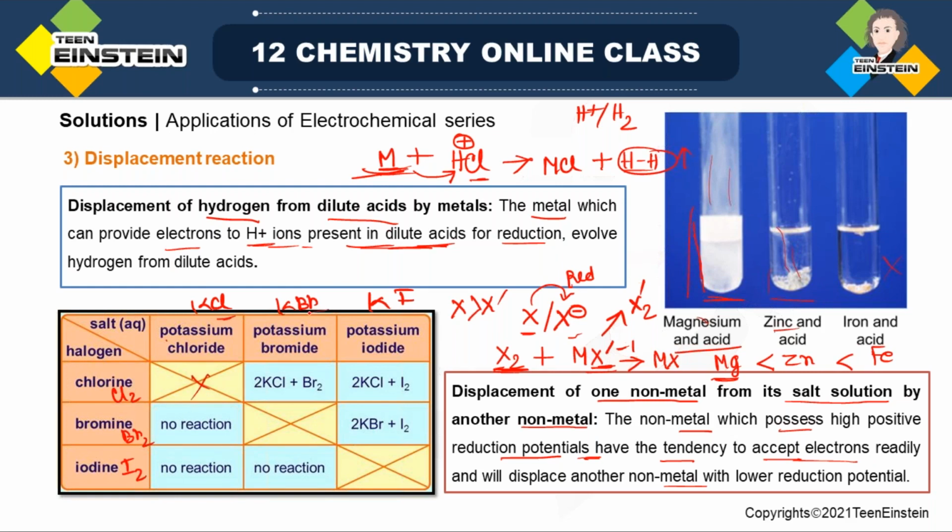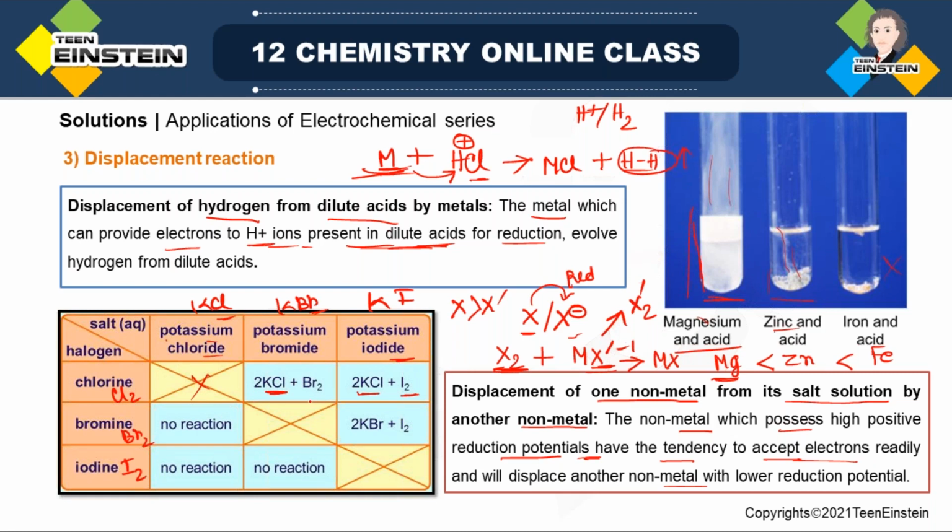When chlorine is added to KBr, what are we getting? KCl plus Br2. And when it is added to potassium iodide, what are we getting? We are getting iodine and KCl as products. Obviously, when chlorine is added to potassium chloride, it is the same system, so no question of reaction.